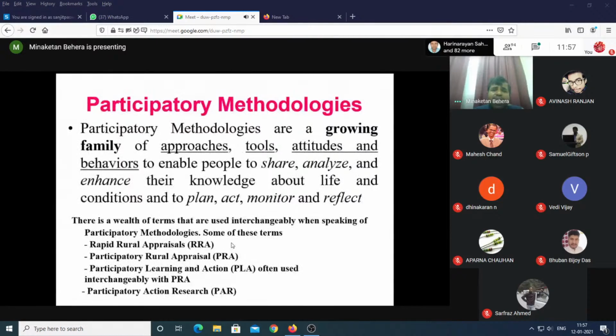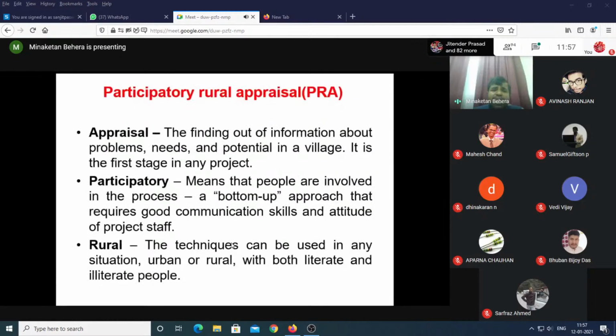Now the next one is participatory rural appraisal. If you go for participatory rural appraisal, you will find that in most cases, if you go to a rural area, the people will tell you what their problems are.